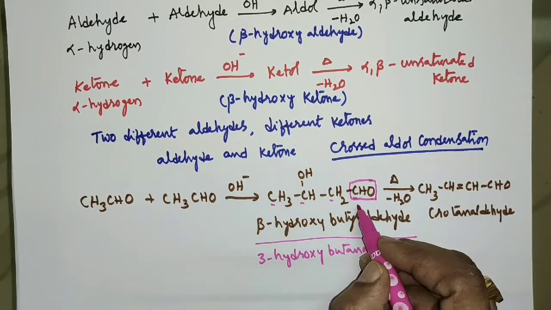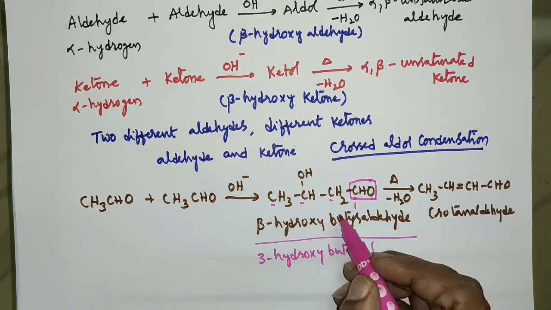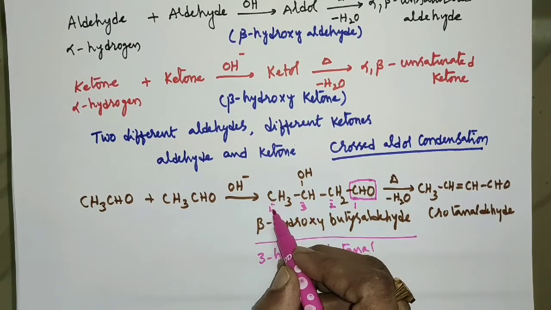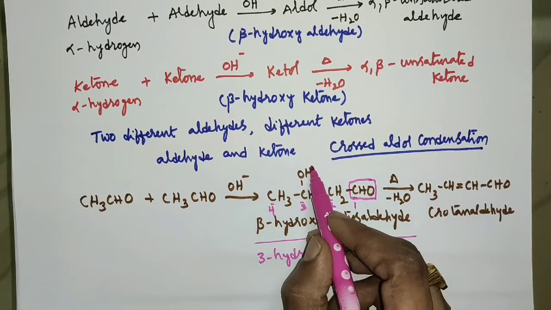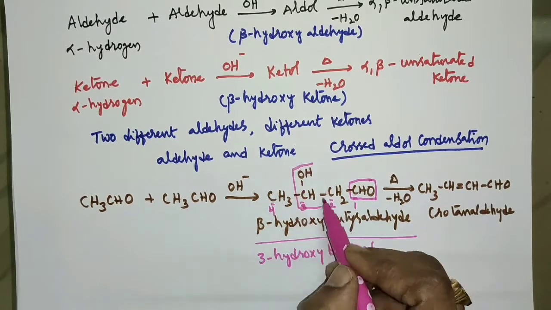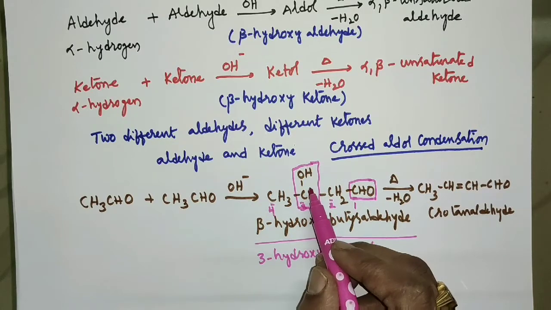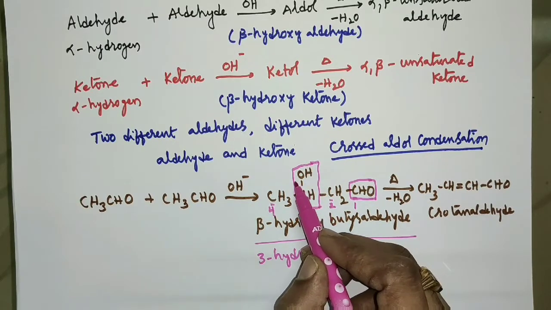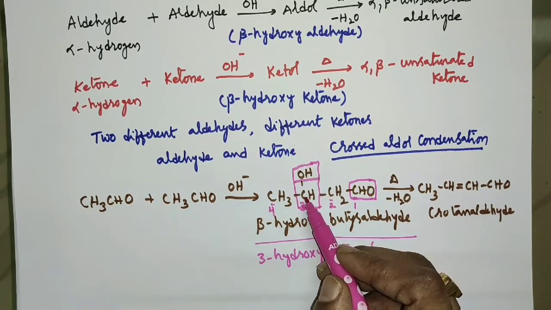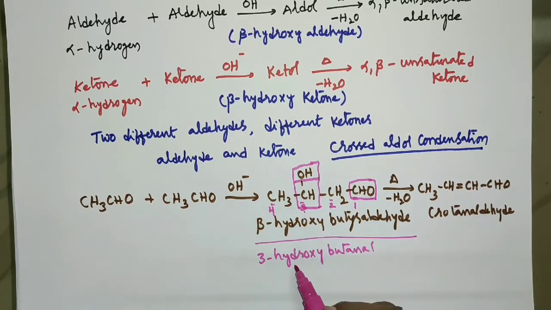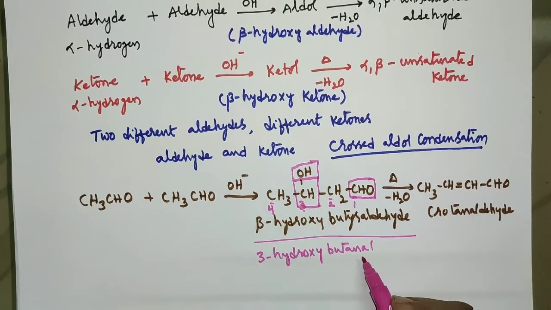So we will assign number 1 to this carbon, this is number 2, this is 3rd carbon and 4th carbon. And you have OH group which is a functional group but with second priority, so we consider it as substituent. So this substituent is present on 3rd carbon, so 3-hydroxy butanal is the IUPAC name.